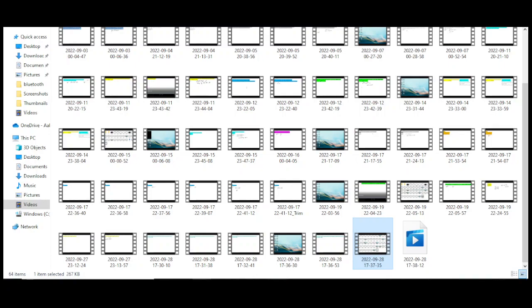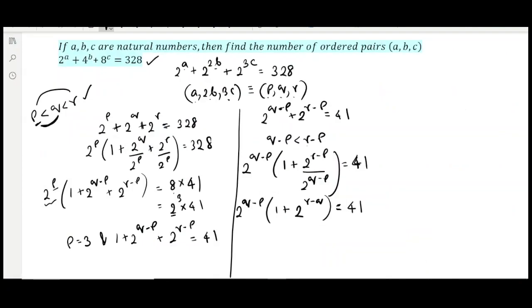This issue had come because we have forgotten 1 here. So 41 can be written as 1 plus 40, and this 1 will get cancelled. This is 40 over. Now this can be written as the multiple of 2, 8 into 5. So nothing but 2 cube into 5.